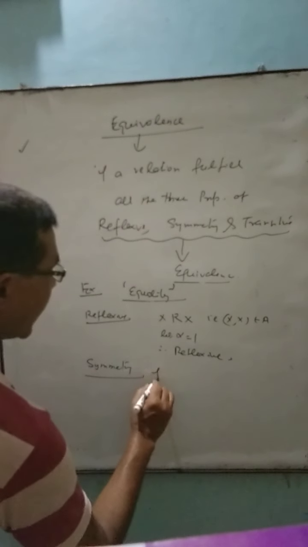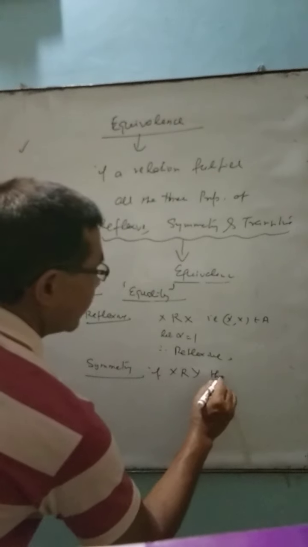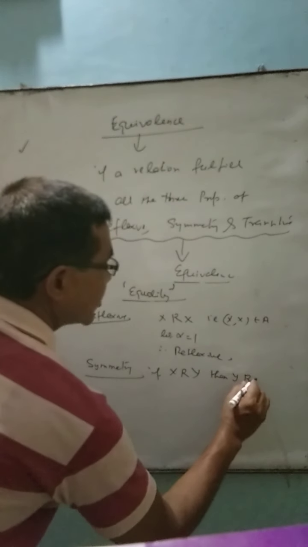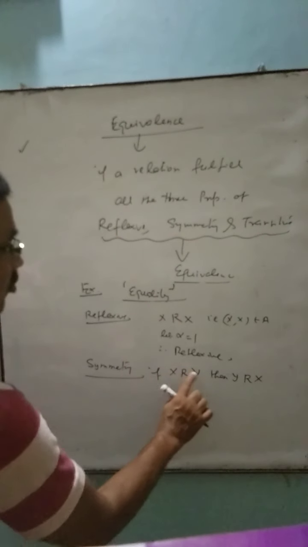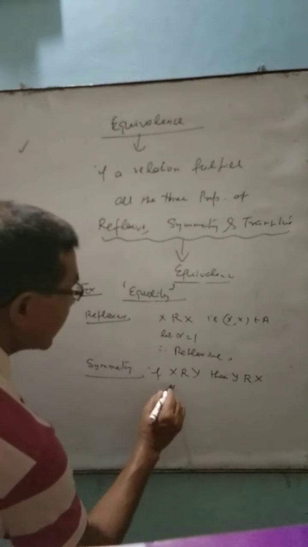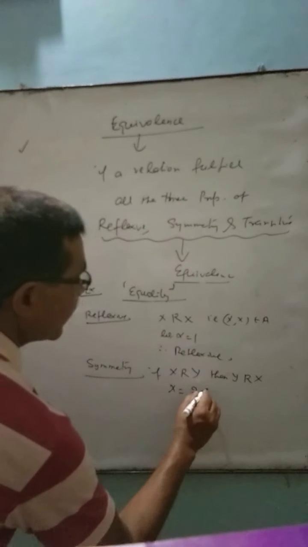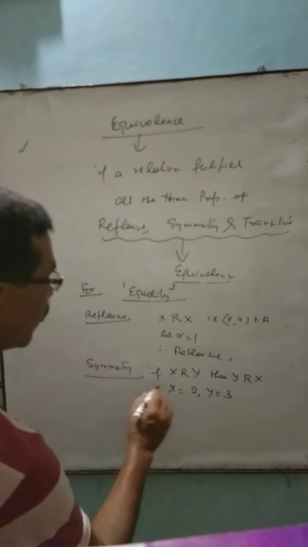What is the condition in symmetry? If x has the relation with y, then y has the same relation with x. Here R means equal. If x is equal to y, then y is equal to x. Let x is equal to 2 and y is equal to 3. Now what do you have to prove?